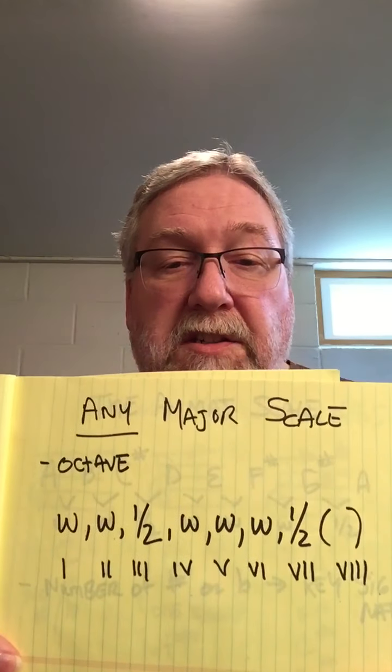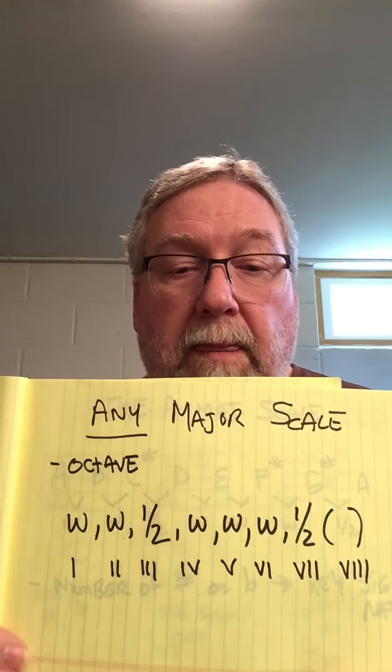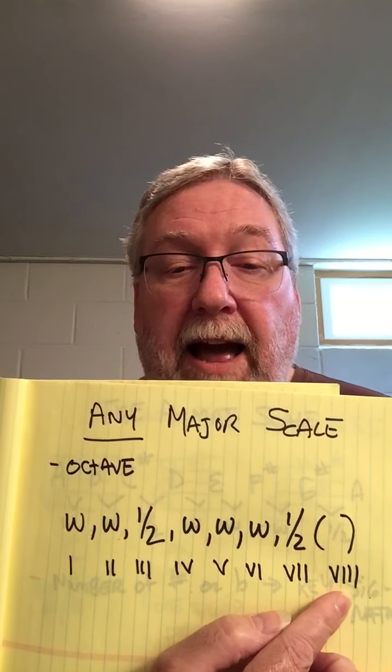For any major scale, this is the rule to determine the notes in that scale. We always start on whatever scale it's going to be on our one note, and then we're going to follow our 7 notes to the octave note, but the amount of step that we take is going to follow this rule for all major scales.